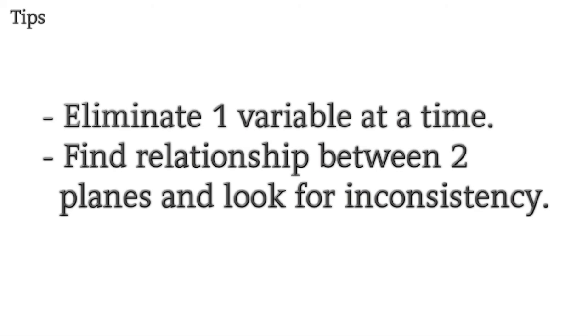There was a way of eliminating x and z at the same time, because they are essentially negatives of each other, and they are meant to be very symmetrical because I made them up. But in general, try to eliminate your variable slowly and make sure you don't make algebraic mistakes.